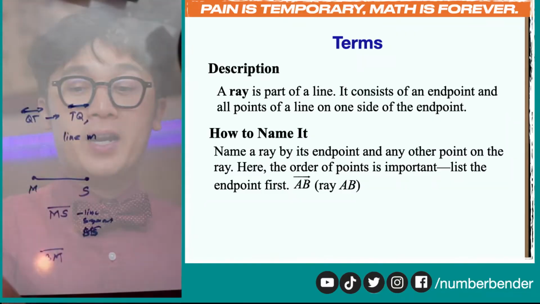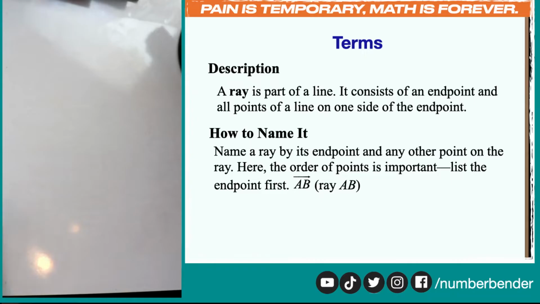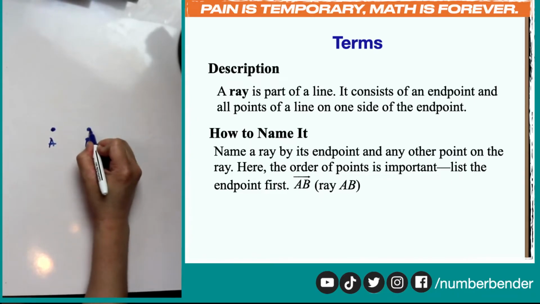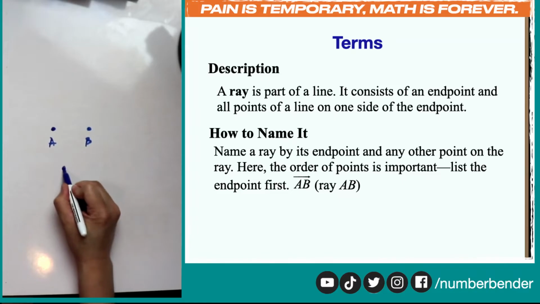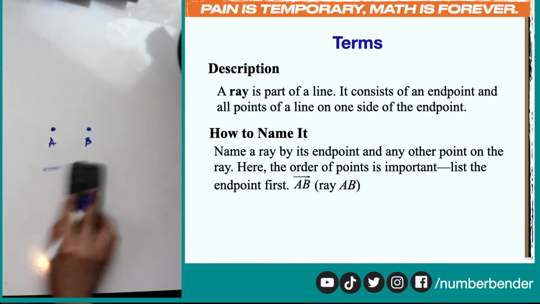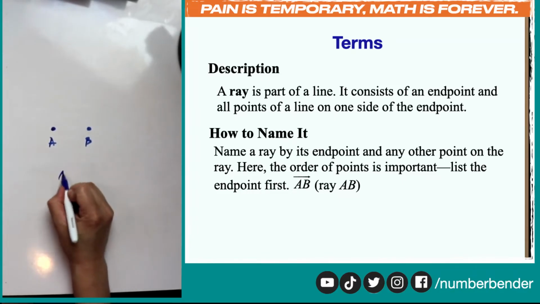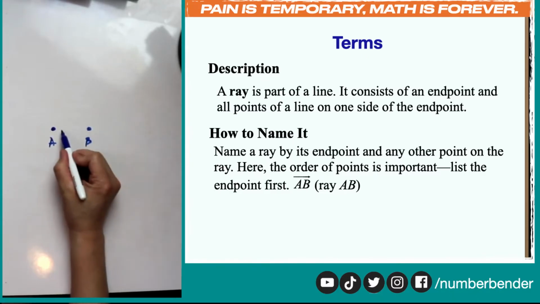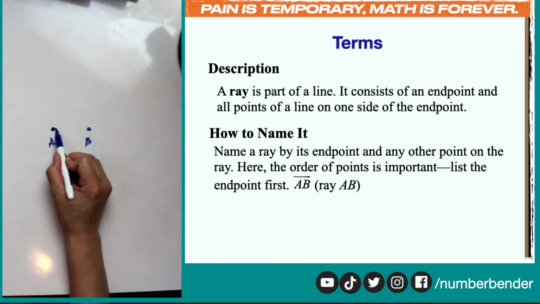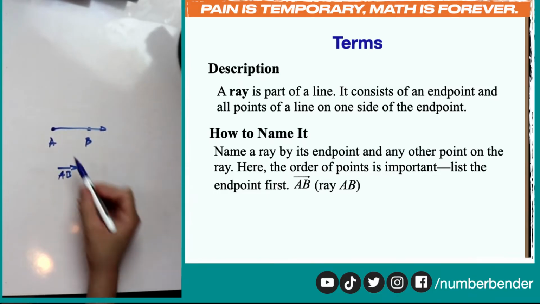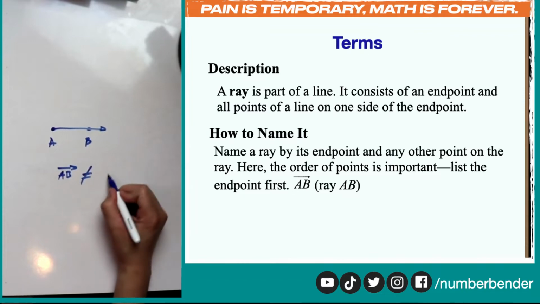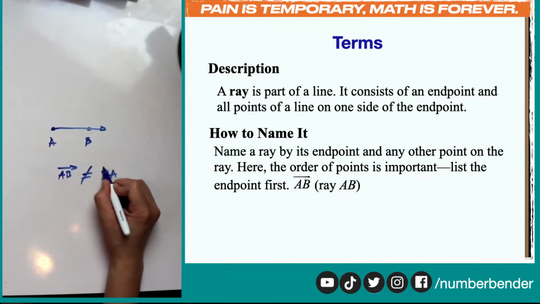To describe ray AB, there are 2 points, point A and point B, but since we are seeing ray AB in this notation, that means illustration-wise, this is how we draw it. So this is ray AB, and we know that ray AB is not the same as ray BA.